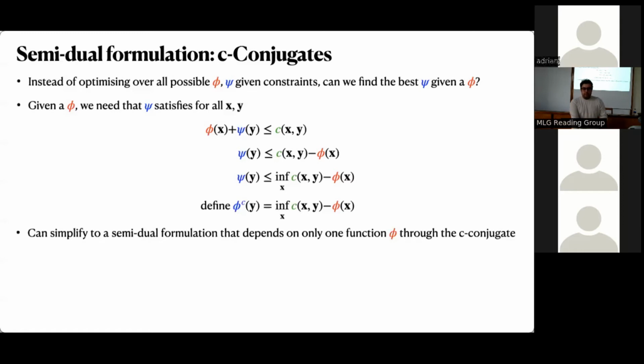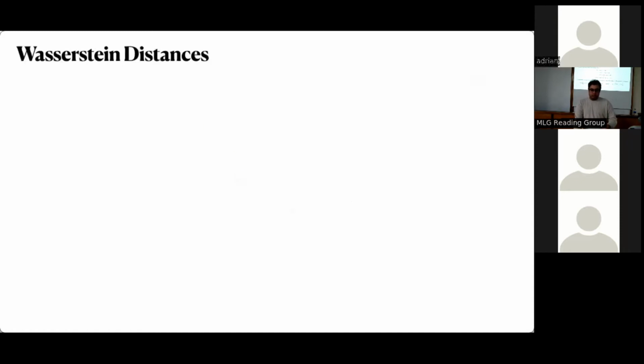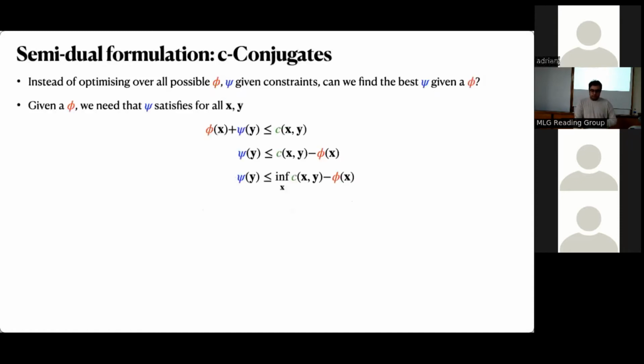And so you can simplify the dual formulation into a semi-dual formulation that only depends on one function phi. You replace the initial sum of integrals given the constraint with this formulation, which says that if you have a family of functions phi that have a defined C conjugate, then you just have to maximize this equation, where it's the integral of phi over the first measure plus the integral of the conjugate of phi over the second measure.